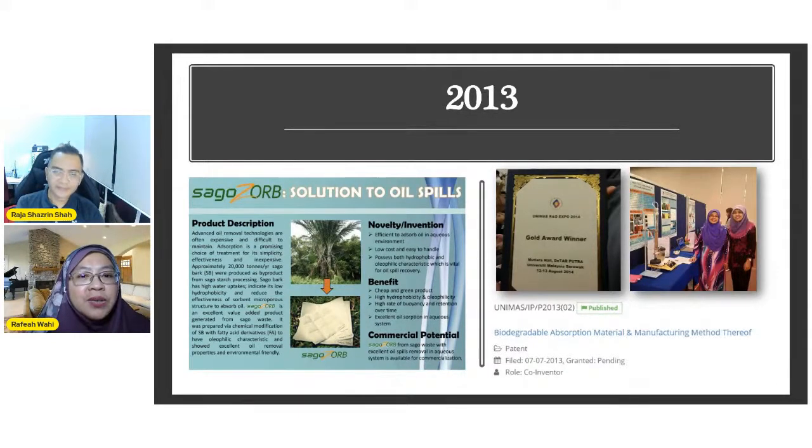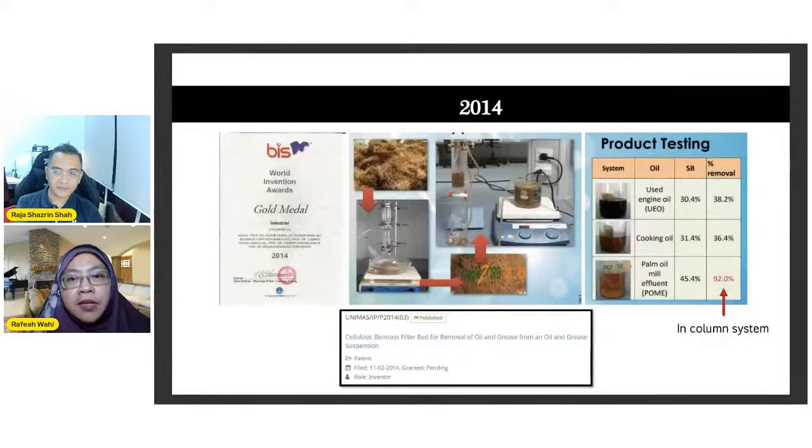You can just throw this onto oily wastewater, and it will float for more than 7 days and attract as much oil as possible. What we found in our research is that it can achieve up to 36% removal of oil from the wastewater.